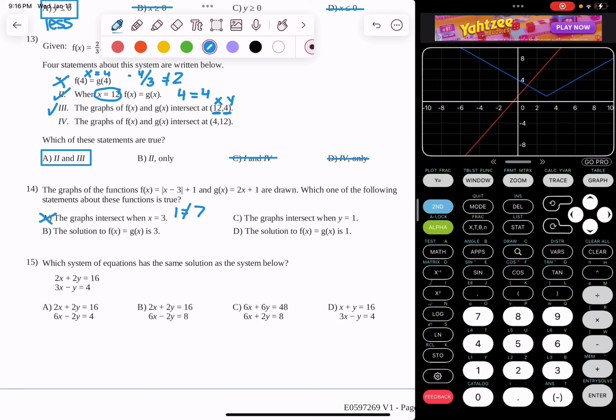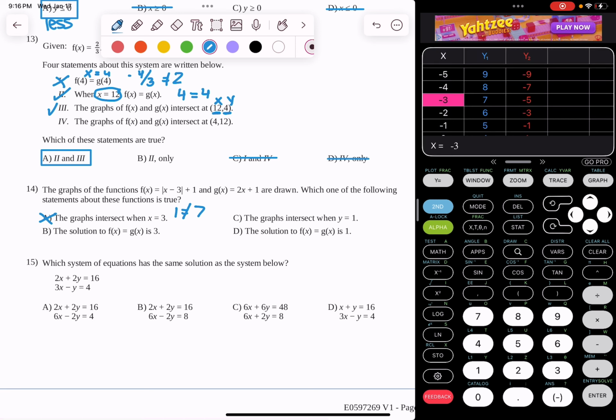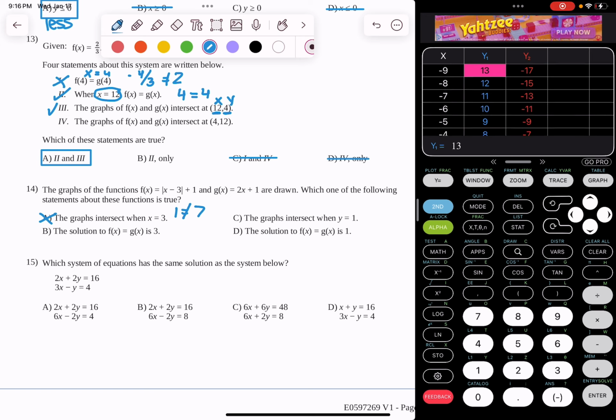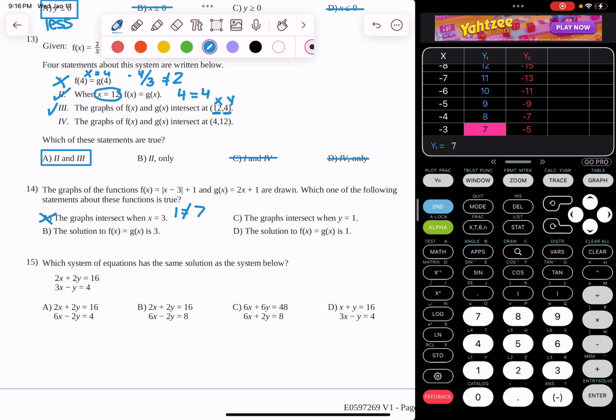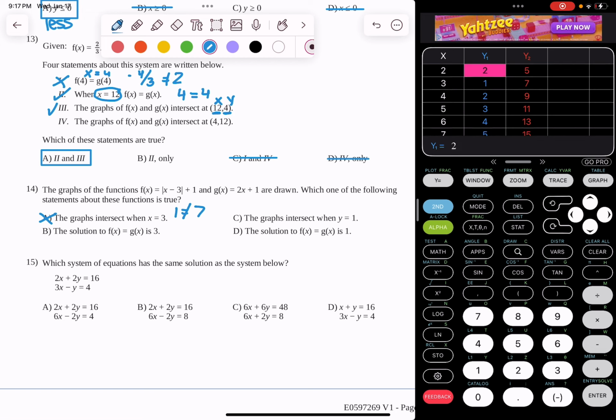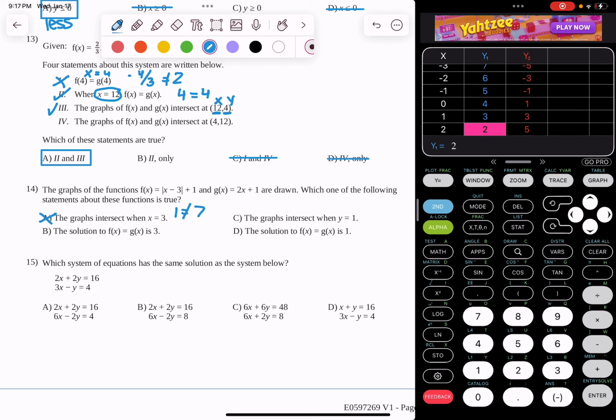All right, that's a graph of what they look like. Let's see at what point they are the same number. What point are they the same number?